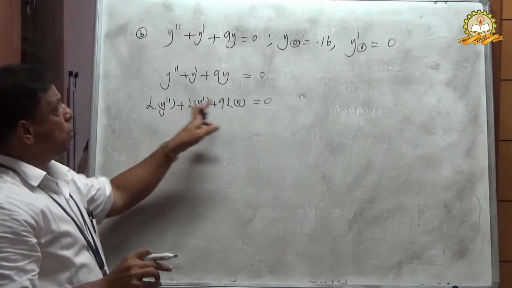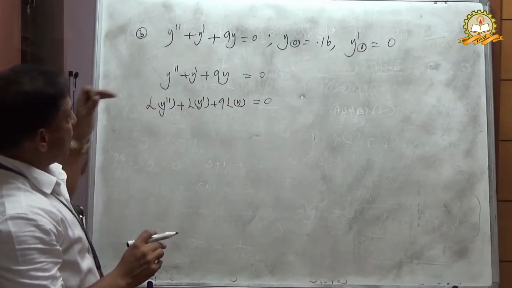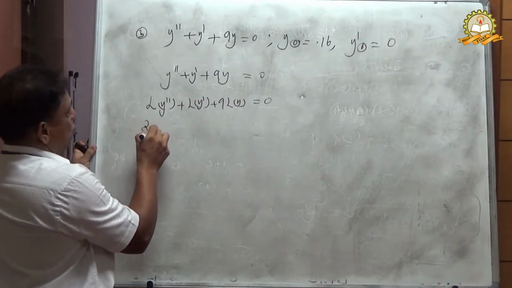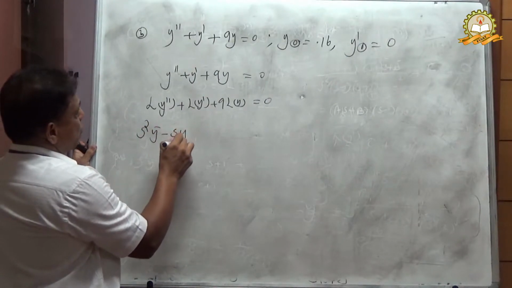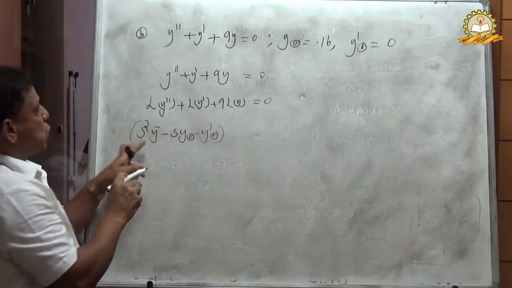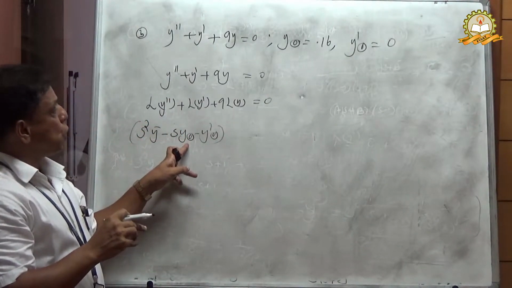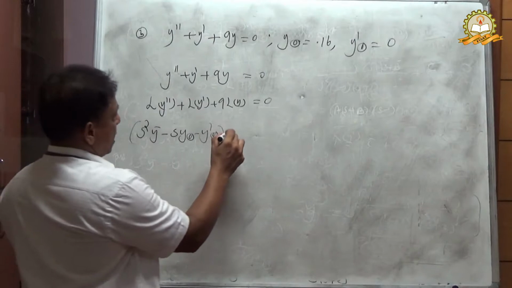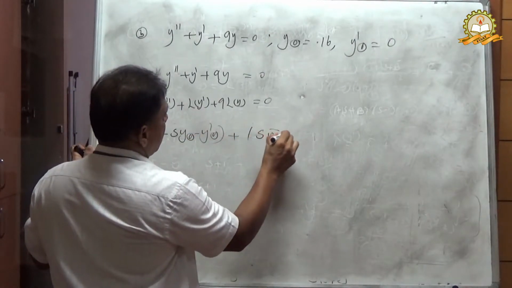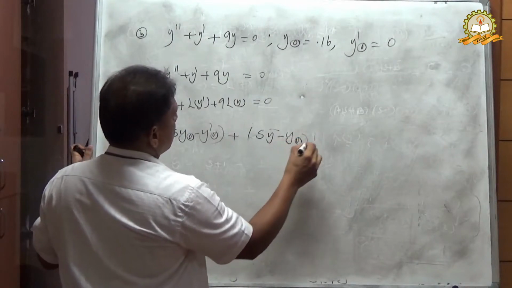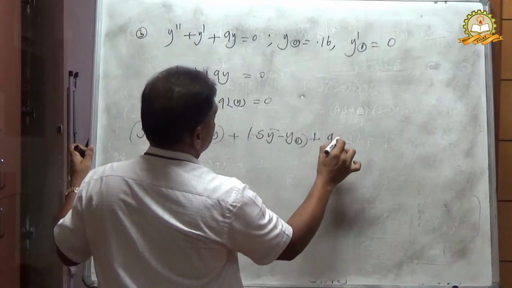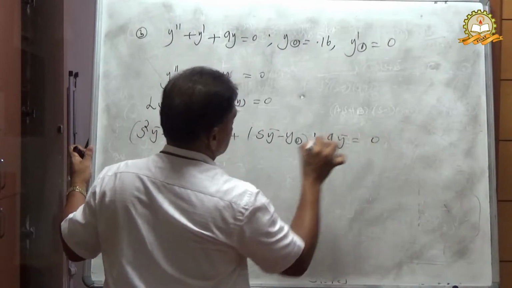Taking Laplace transform on both sides, then applying the formula, L of y double dash is s square y bar minus s y0 minus y dash 0, plus L of y dash, s into y bar minus y0, plus 9 into y bar is equal to 0.